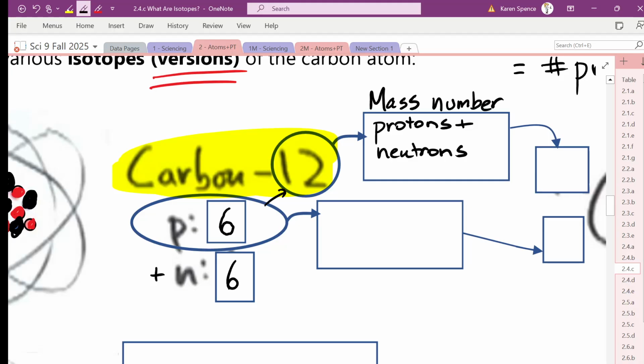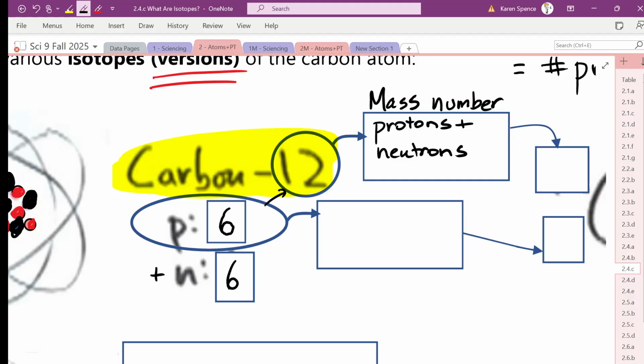That is not the same as atomic mass. It's close, but it's not. And the reason is, and we'll learn about this Monday, that the atomic mass is the average of all of the atoms of carbon in the universe. And we're going to find that not all carbon atoms have a mass of 12.